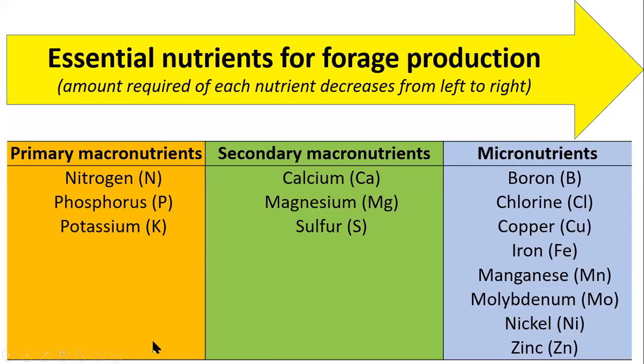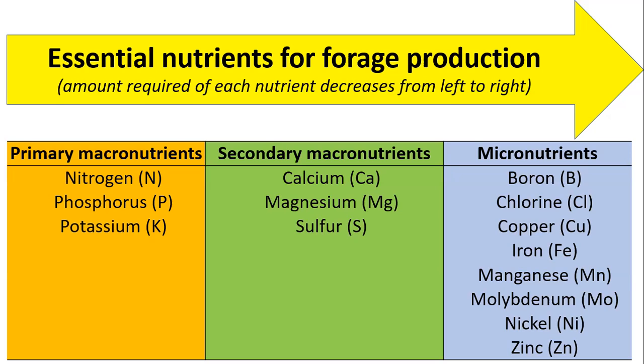So let's get started. When we're talking about nutrients for forage production, we have some nutrients that we commonly refer to as primary micronutrients, just because they are the ones that the plants need in larger amounts. Those are nitrogen, phosphorus, and potassium.